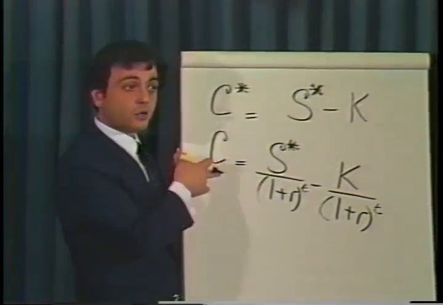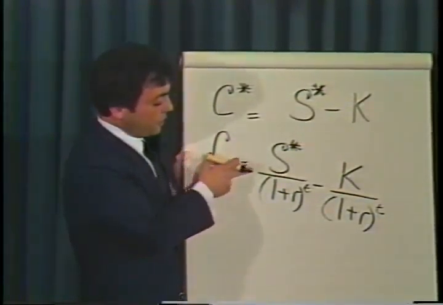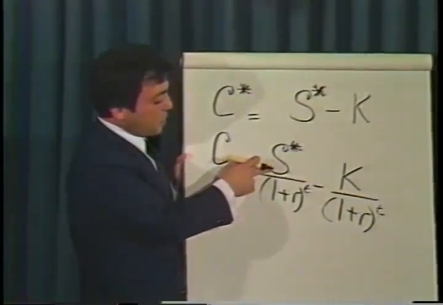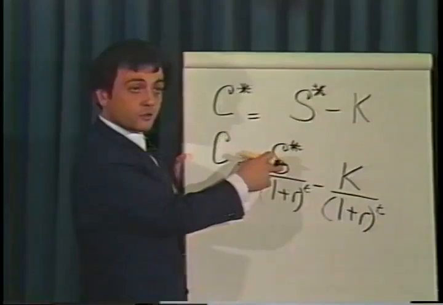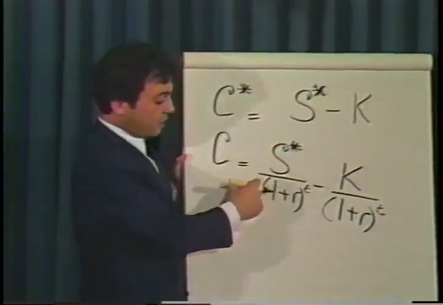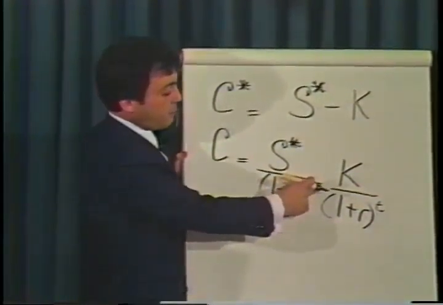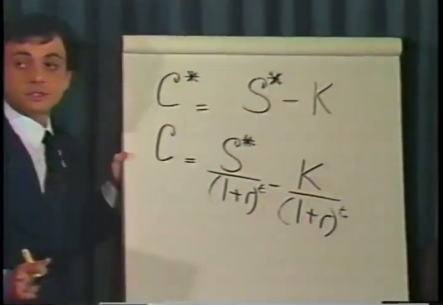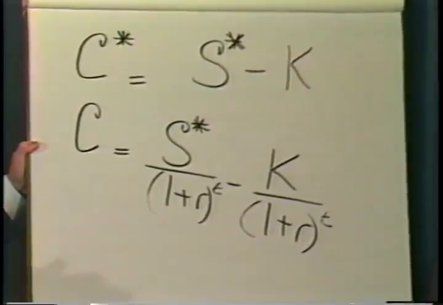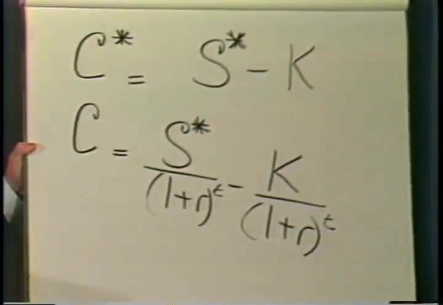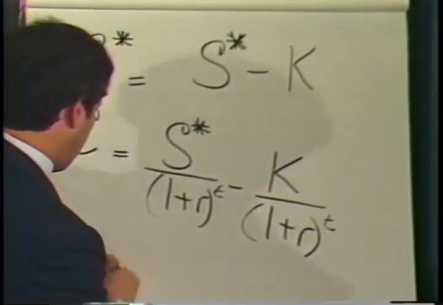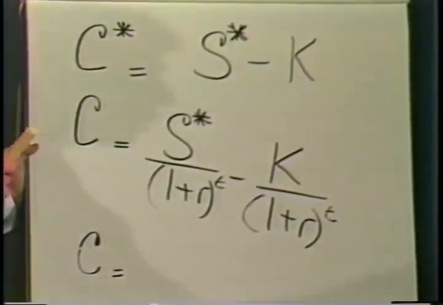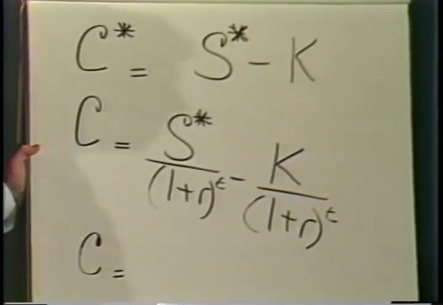The current price of the call is the maturity value of the stock discounted to the present, right? Minus the strike price that you have to pay at maturity discounted to the present. Are there any questions about that? Okay. Now, the Black-Scholes model assumes that the stock grows at the risk-free rate of interest.